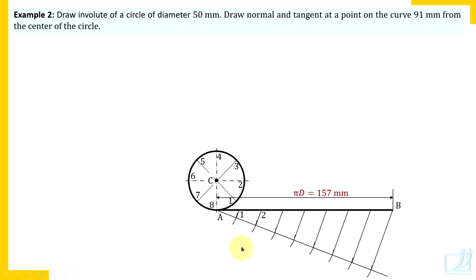Now number all these 8 points again. In this case, because we have chosen length pi d for the wire, we got exact 8 divisions on the wire AB. Do you remember in the last problem, the length of the wire was less than pi d, so we got only 6 divisions on the wire. Here we got all 8 divisions on the wire.